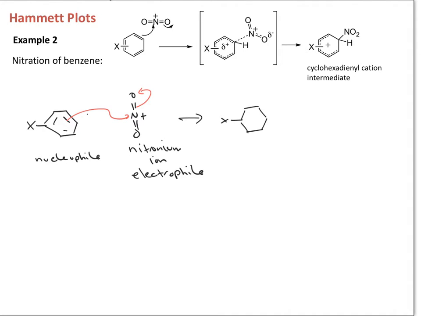And so if we do this, what's going to happen to the development of charge? And so we're going to start to develop some positive charge in the aromatic and some negative charge on the oxygen where we're breaking the pi bond.